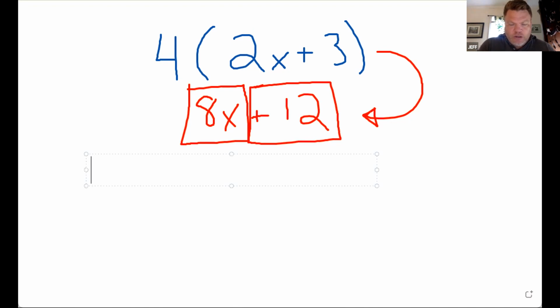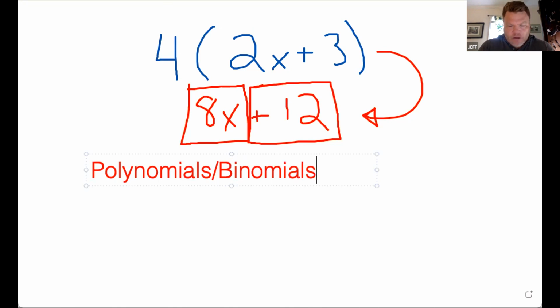The term for these is polynomials, or binomials. Nomials. Nome just means name, literally. Like en español, ¿qué es tu nombre? It means name. So nome just means name. Poly means a lot. Bi means 2.